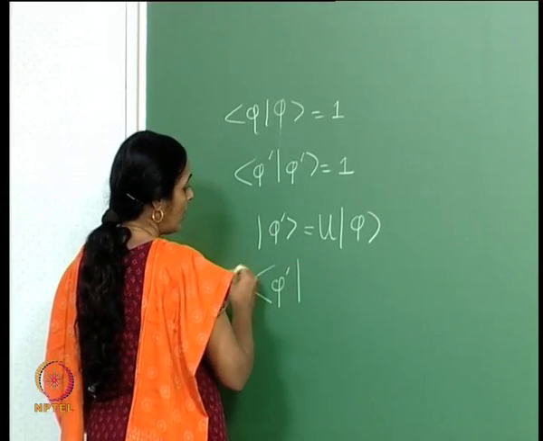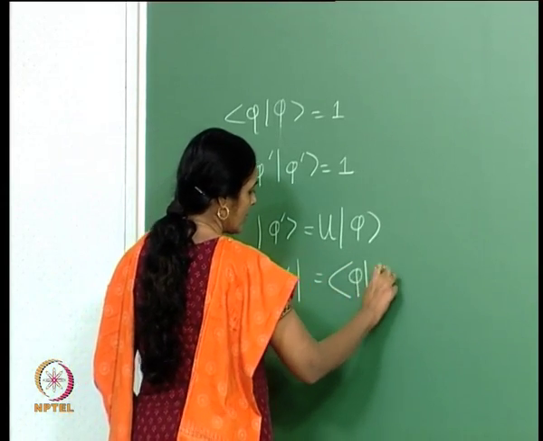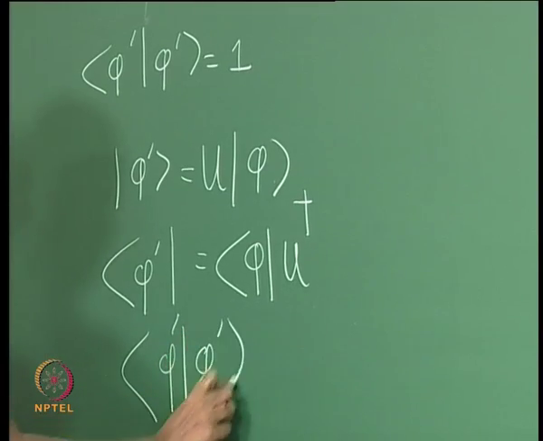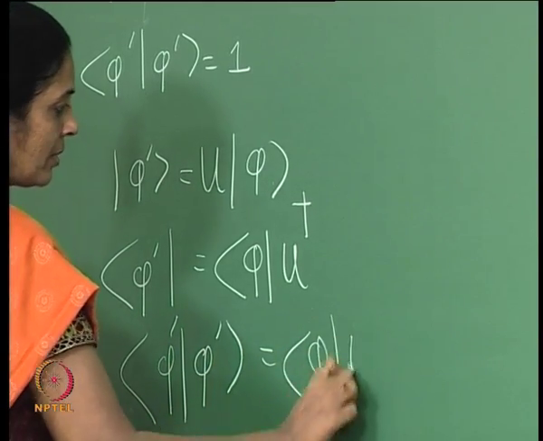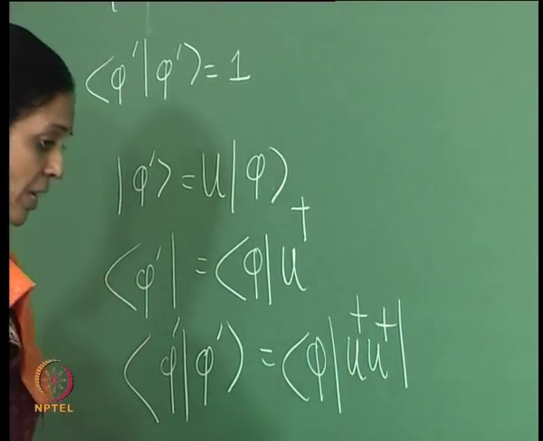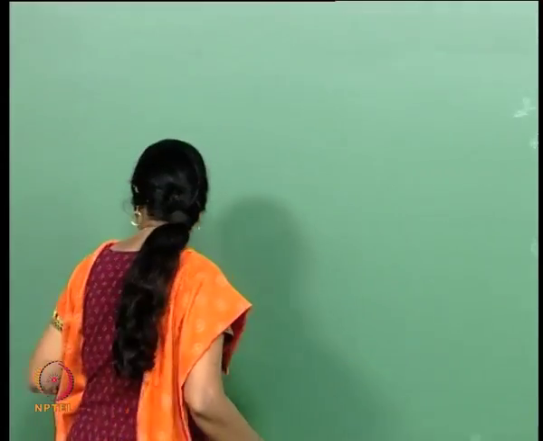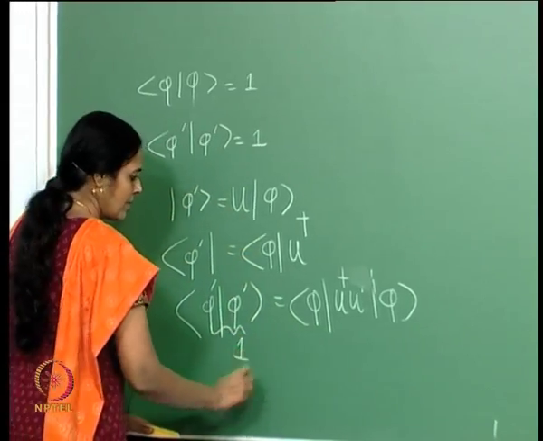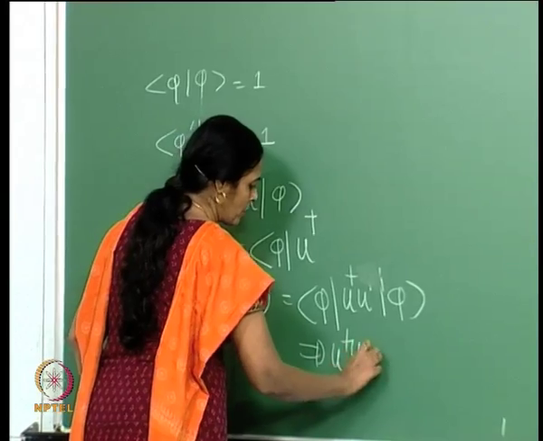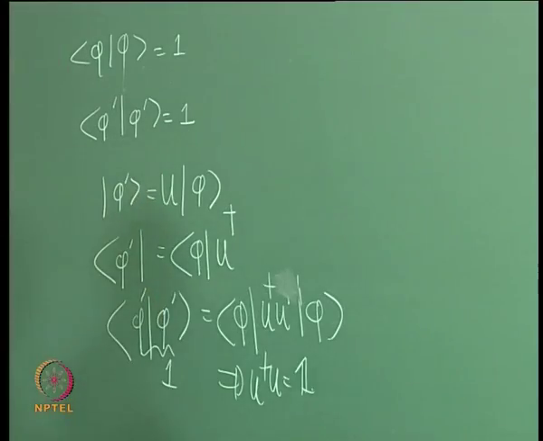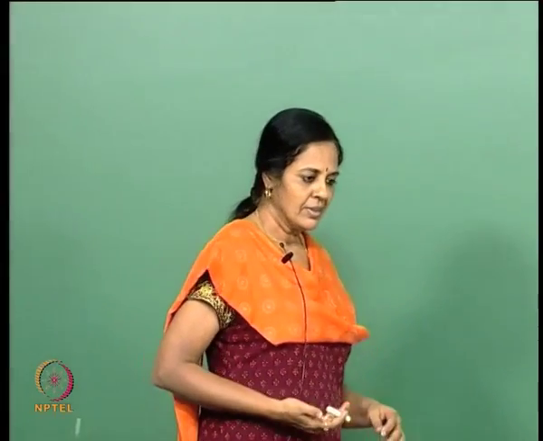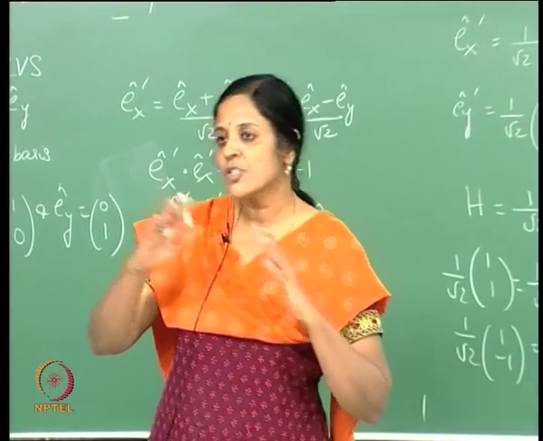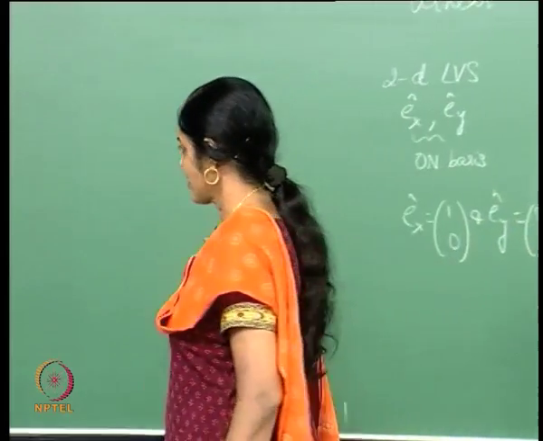So, phi prime bra in the Dirac notation is simply phi U dagger. Therefore, phi prime is equal to U phi, and the fact that this is 1 clearly implies that U dagger U is equal to 1. In other words, it is a unitary operation that has brought about this change of basis, so that the orthonormality property is preserved in both the old and the new basis set.